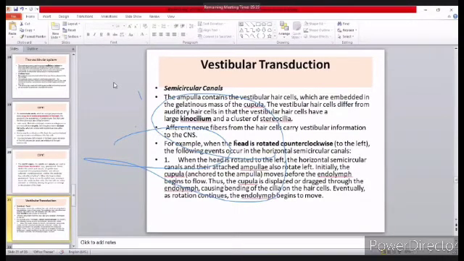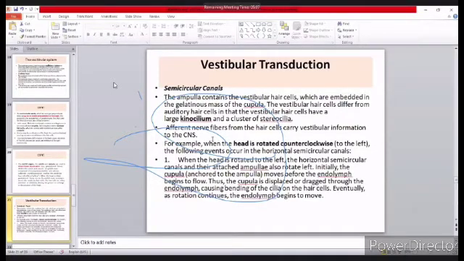So afferent nerve fibers from the hair cells, remember this cupula is moving. Let's say you are starting your car and then suddenly you stop, the cupula is moving. When it moves, this gelatinous mass, boom, what will it do? It will cause the hair cells also to move, okay? How will they move?